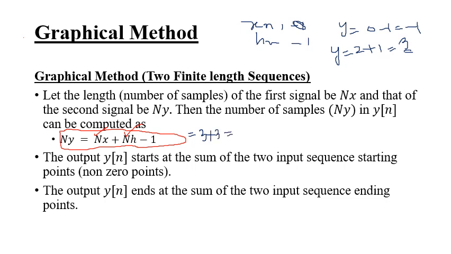So that means 3 plus 3, and again -1, so the non-zero samples in y of n will be 5, right? So this is how you can check back using the example we have done. In fact, you can verify this for both of the examples we have done in this lecture.